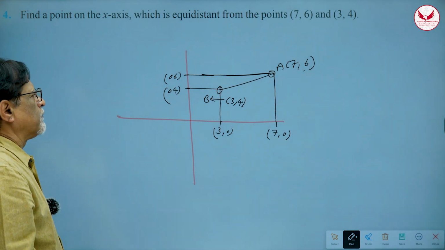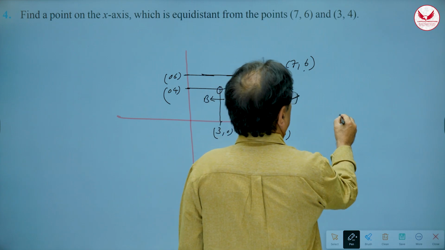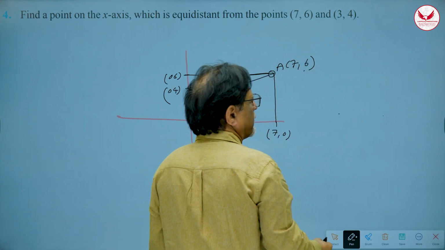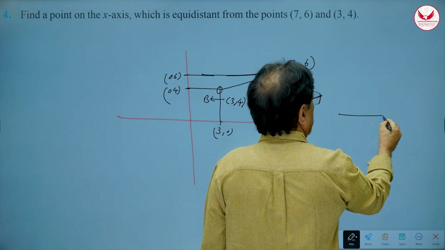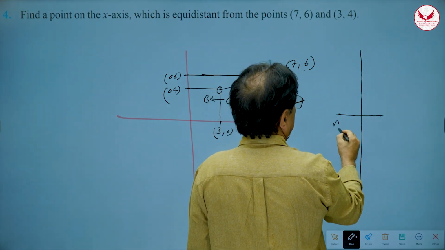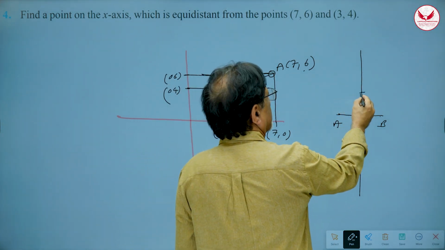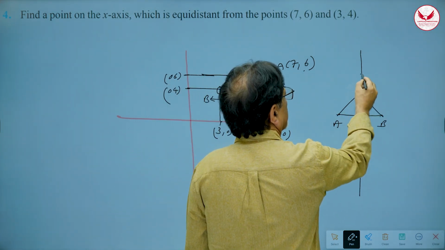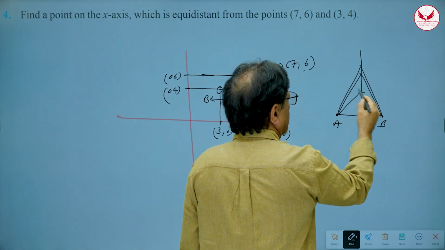Now we want to find a point which is equidistant from two points. So always remember one thing: if there are two points, then the perpendicular bisector of this line segment has a property that every point on this line is equidistant from A and B. So this property we have to use.